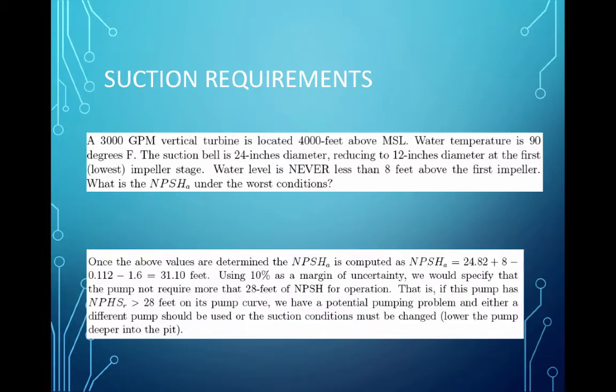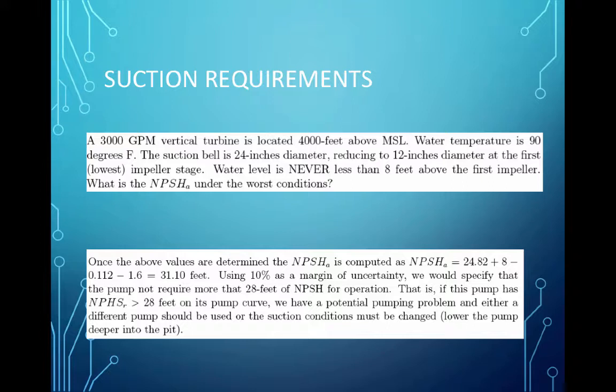So we now have all the values that we need to determine the net positive suction head available. It's equal to 24.82 plus 8 minus 0.112 minus 1.6 for a total of 31.10 feet. If we use 10% as a margin of safety, we would specify for this system that we want to find a pump that does not require more than 28 feet of net positive suction head for operation.